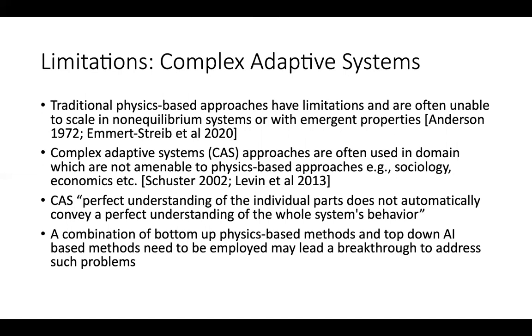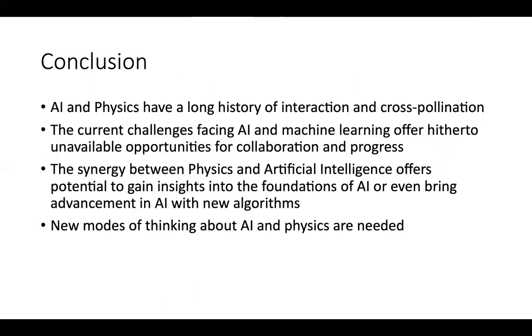For example, trying to model and understand extremely complex phenomena like society and whole economies. In those domains we have what are known as complex adaptive system approaches, which understandably take their inspiration from physics also. So the ideal scenario in this case would be, again, to take a top-down, bottom-up approach from both directions, from physics and AI, which could address certain problems.